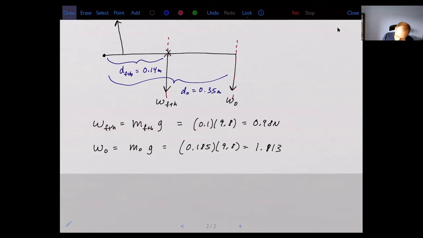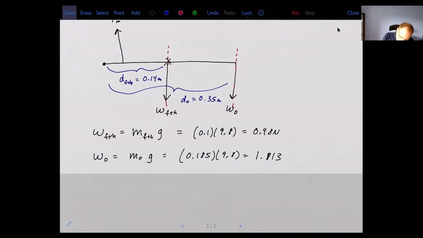And then we also have the line of action of the muscle force, something like that. So this perpendicular distance is going to be our DM, the moment arm for the muscle. In this case, it's going to be 0.045 meters.